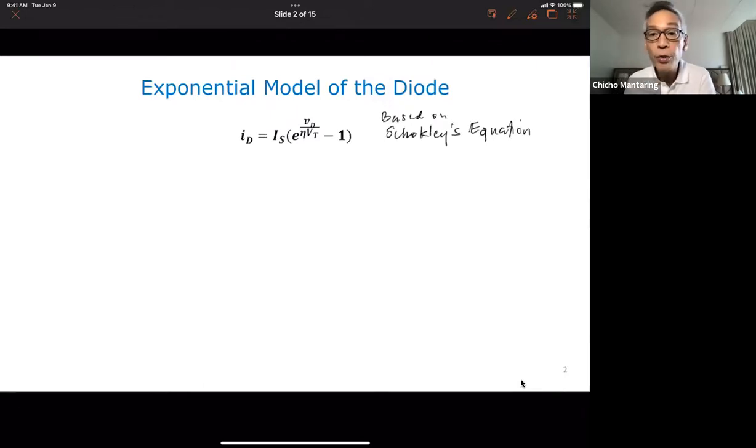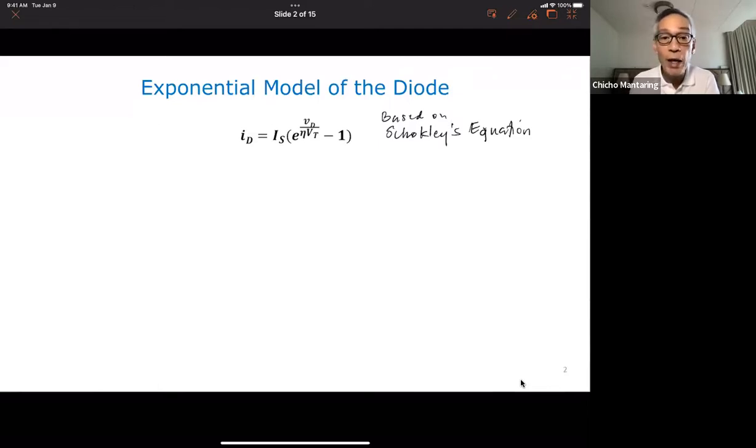We did not go through the derivation of Shockley's equation, but because the diode in the forward bias region is actually diffusing, there's an exponential profile of minority carriers being injected in the P side and in the N side. There's an exponential profile, no? And that's the reason why we come up with an exponential relationship.